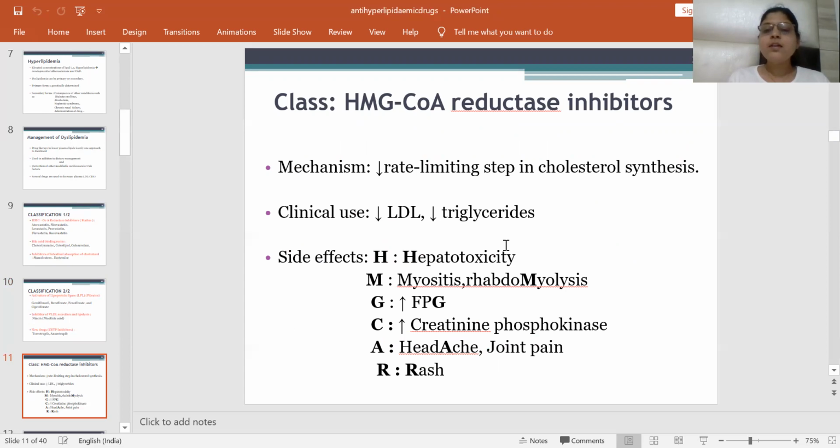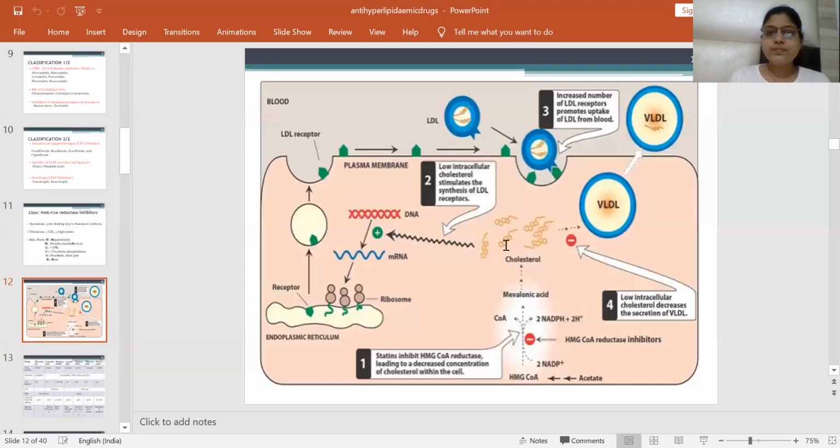The side effects are hepatotoxicity, myositis, and rhabdomyolysis. They also increase the fasting plasma glucose levels, which can lead to hyperglycemia. They increase creatine phosphokinase levels, and they can cause headache, joint pain, and rash.